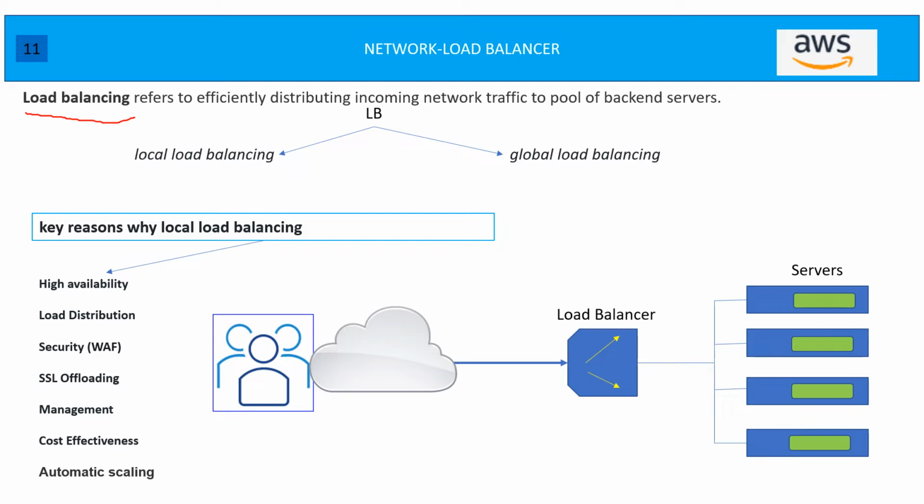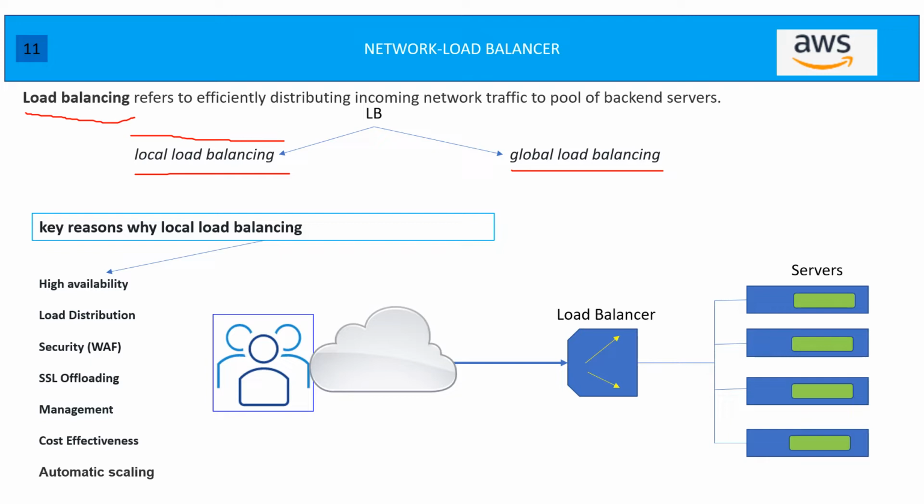So load balancing you can divide basically into two different categories. One is local load balancing, and the second option is global load balancing. Local load balancing means maybe you're hosting some application in your data center and you want to do the load balancing for all incoming traffic across a pool of resources.